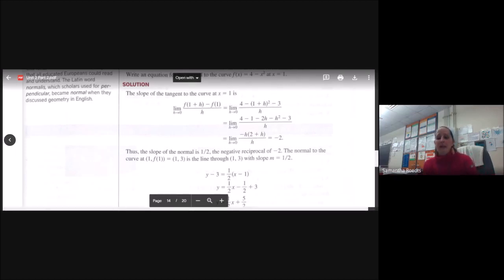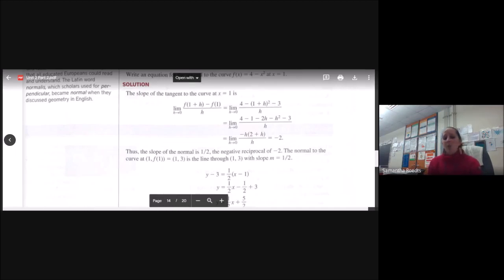So the limit as h approaches 0 of f of 1 plus h minus f of 1 over h. We're going to take that x equals 1 and substitute it in for the a value.